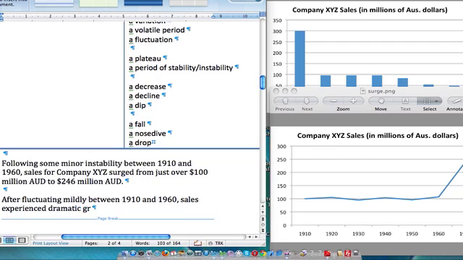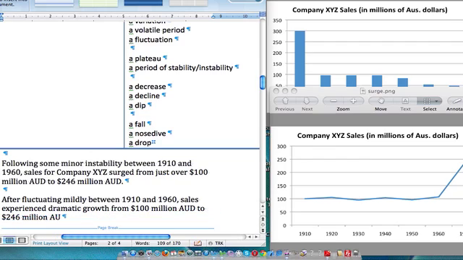Okay, adjective, noun, dramatic growth from 100 million Australian dollars to 246 million Australian dollars. So you can see I'm just taking words from our lexical resource here and coupling them in different ways.